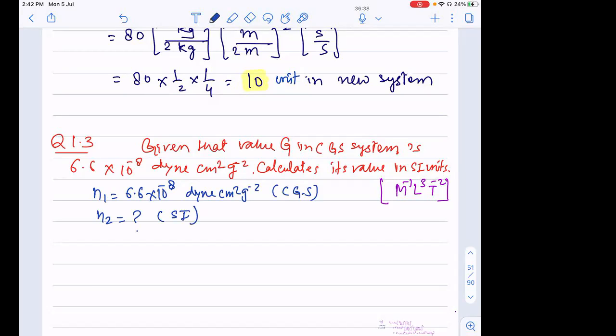So this should not create a problem once you know the dimensions. Dimensions of G, you know, we calculated this. Dimensions of universal gravitational constant: M^-1, L^3, and T^-2. This we did in this question. Right? This was done. And 2 is SI. So put the value in the formula and see how much is coming.